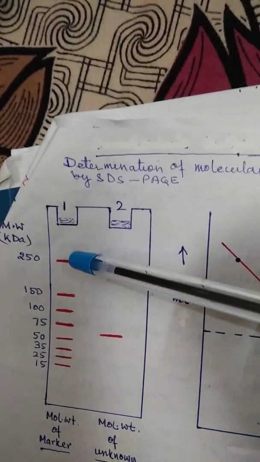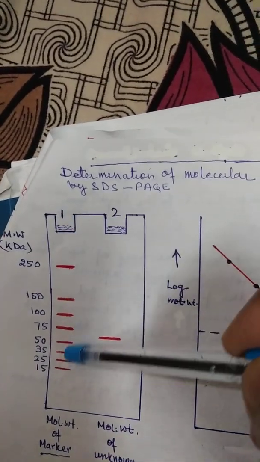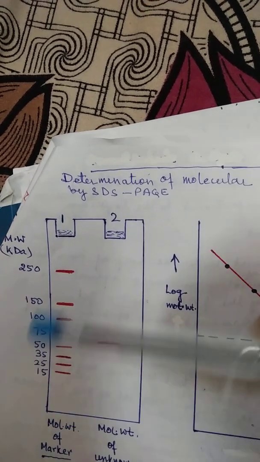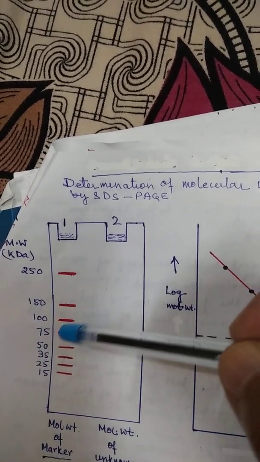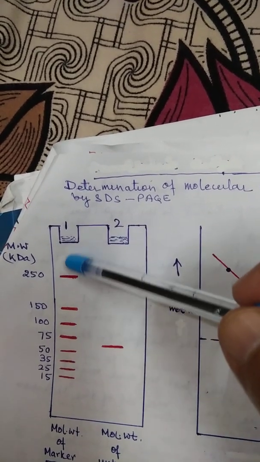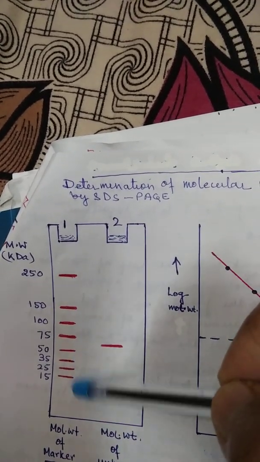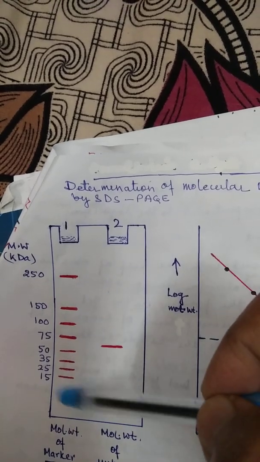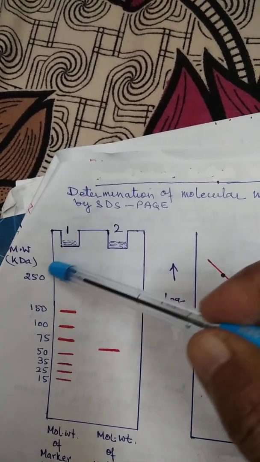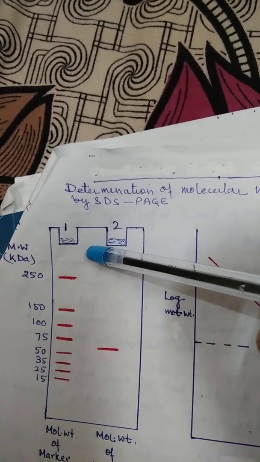So suppose at the end of the electrophoresis of SDS-PAGE, we get these bands of protein of known molecular weight, which get separated according to their molecular weight and travel different distances corresponding to their molecular weight.